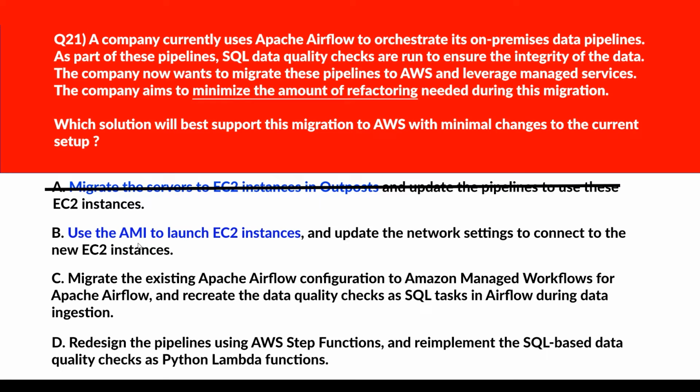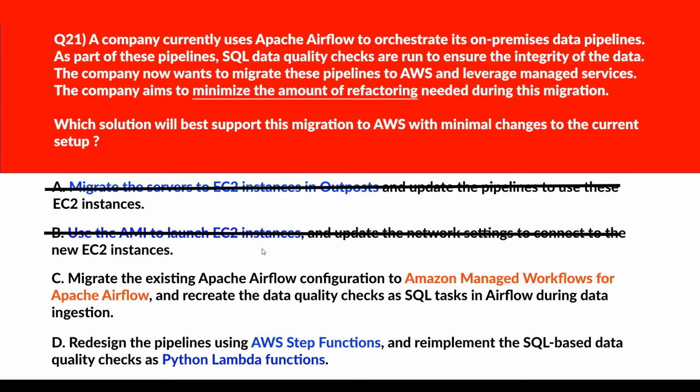Let's move to option B. B says use the AMI to launch EC2 instances and update the network settings to connect to new EC2 instances. Creating a custom AMI for Apache Airflow and running it on EC2 instances still involves managing EC2 instances, which introduces operational overhead. And we need to minimize the amount of refactoring or operational overhead, right?